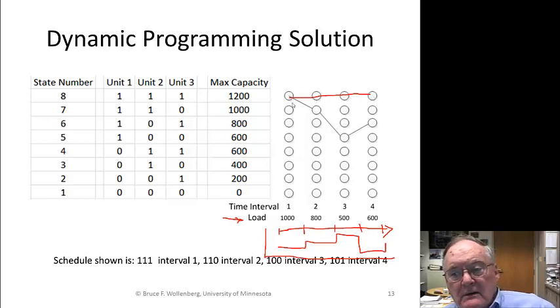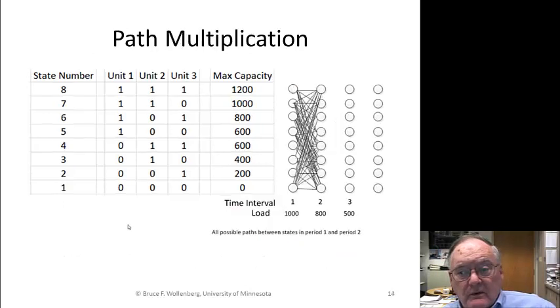So you just run across this way, and the problem here, where dynamic programming runs into trouble, which should be obvious, is that from here, I can go there, I can go there, I can go down here. Now, some of these represent infeasible states.